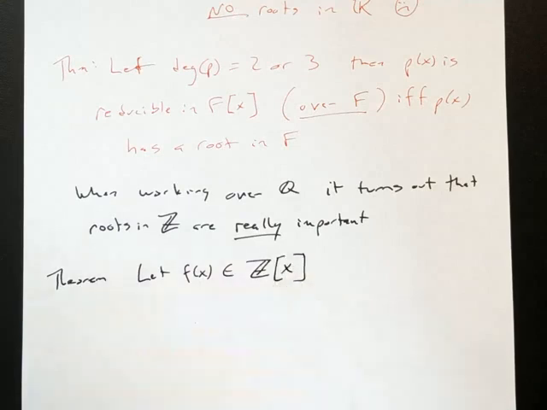Now here's an interesting note. The integers are not a field. The integers are an integral domain. And the polynomials with integer coefficients, Z[x], is also an integral domain. So I'm actually working not in a field at this point in time.